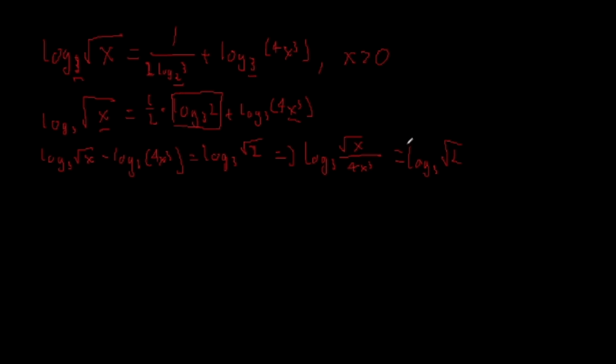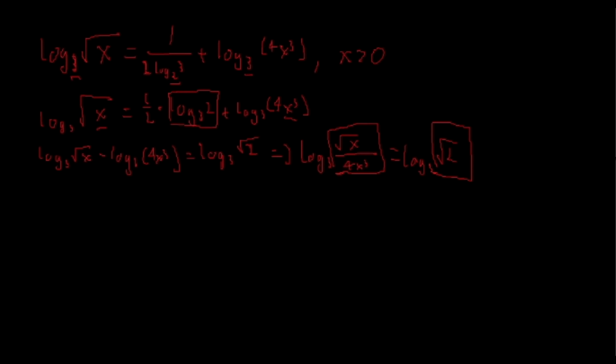Like I was saying, since we don't have any other numbers, like anything to add or multiply, we can say that this right here is equal to the square root of 2. Sorry, I had to pause there for a second, my mic turned off. Anyways, like I said, the square root of x over 4x cubed is equal to the square root of 2.